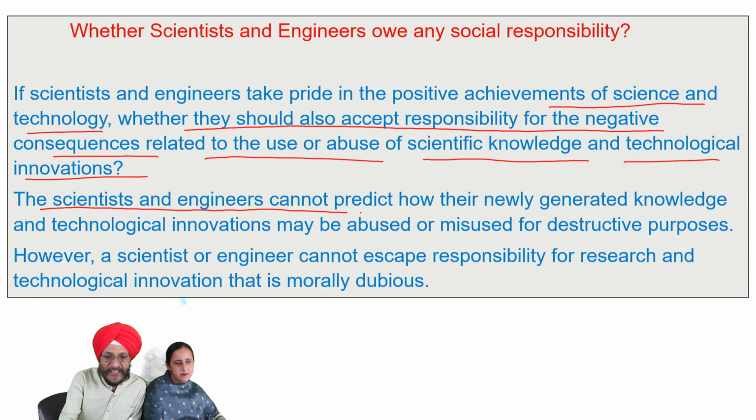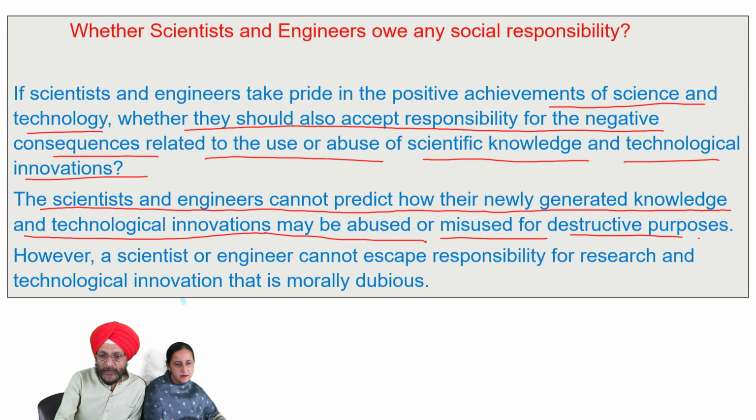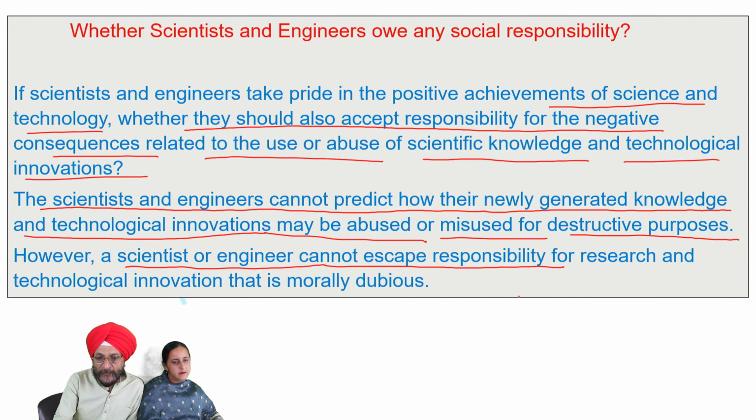The scientists and engineers cannot predict how their newly generated knowledge and technological innovations may be abused or misused for destructive purposes. However, a scientist or engineer cannot escape responsibility for research and technological innovation that is morally dubious.